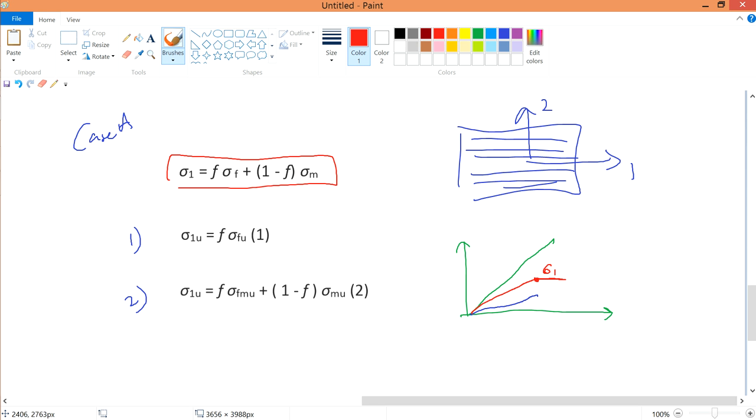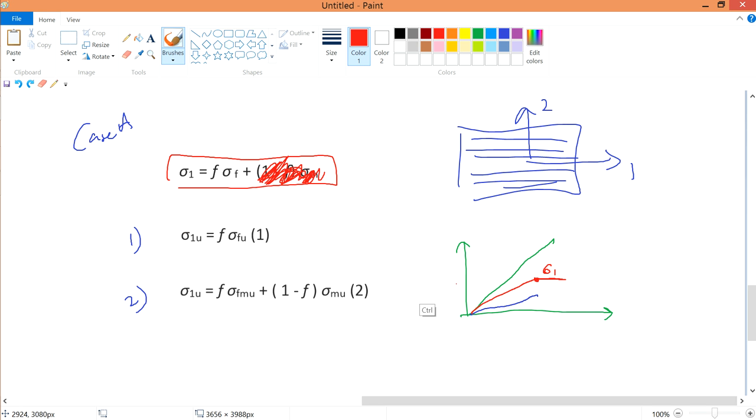Once the matrix is fully weakened, the fiber will take in the load totally, and this is why over here it starts to grow. As you can see, the curve is parallel to the fiber curve. Hopefully this is clear to you.